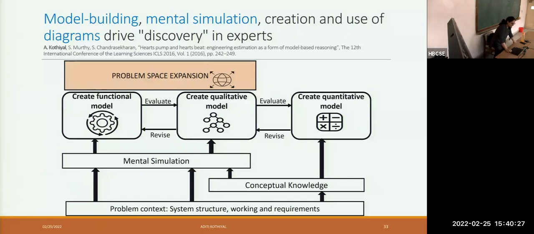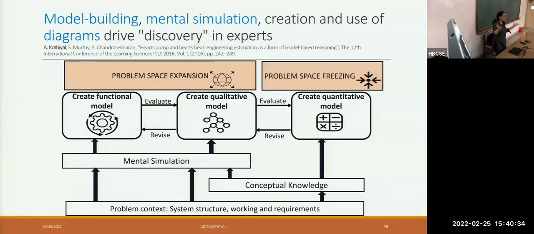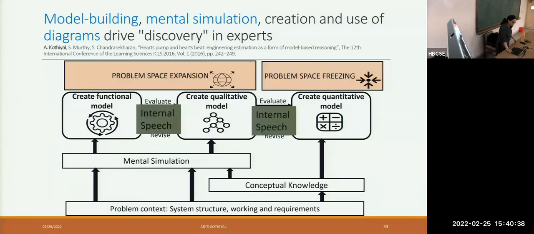So these first two steps are problem space expansion. You're thinking in all directions, and then slowly towards the end, you are freezing it. What is important to note is that this internal speech is constantly running in an expert's mind. What am I doing? Why am I doing this? Is this right? Does this fit? Does this make sense?